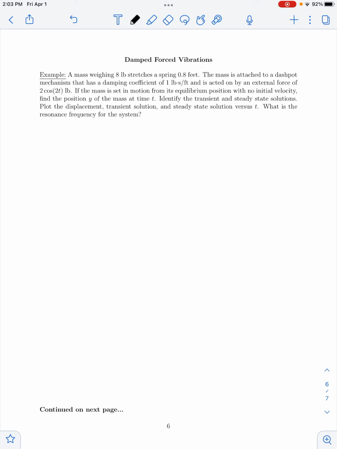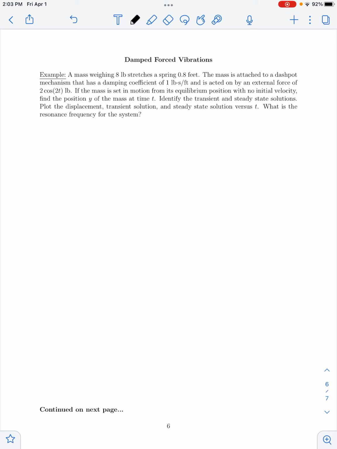So here in this example, we have a mass which weighs 8 pounds, stretches a spring 0.8 feet, and this mass is attached to a dashpot mechanism that has a damping coefficient of 1 pound-second per foot and is acted on by an external force of 2 cosine of 2t pounds.